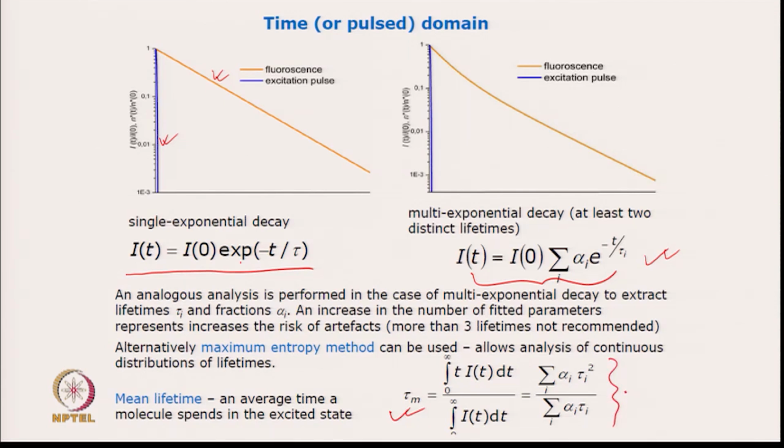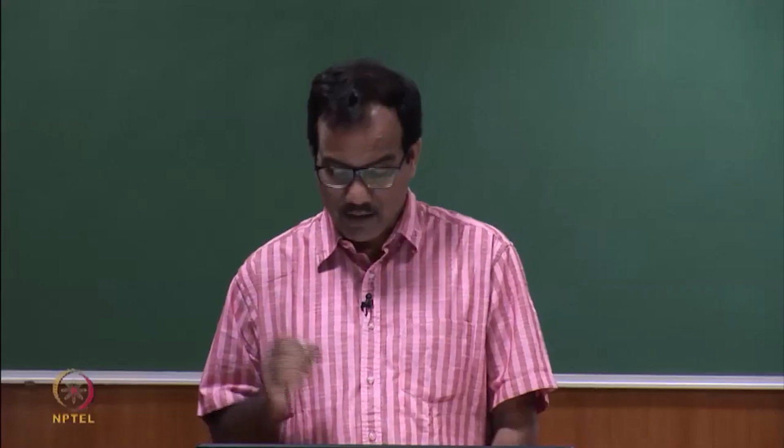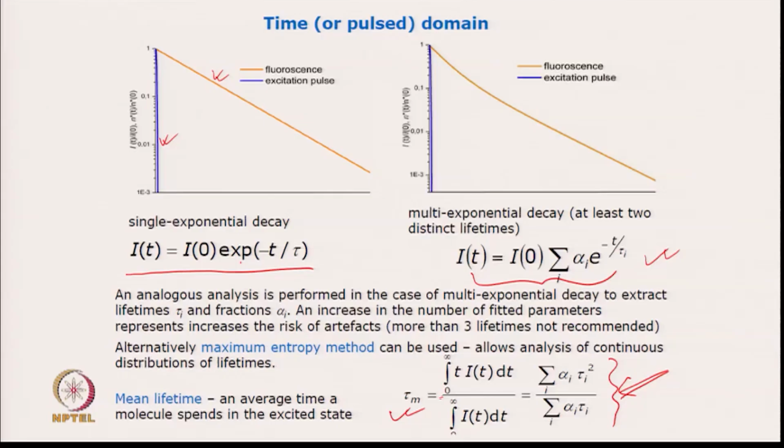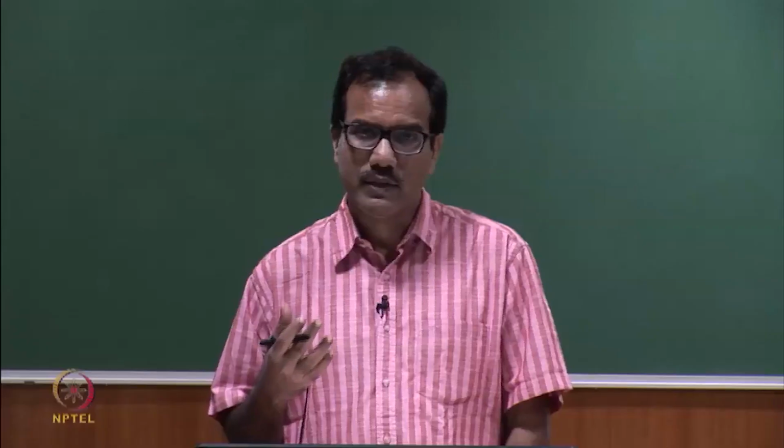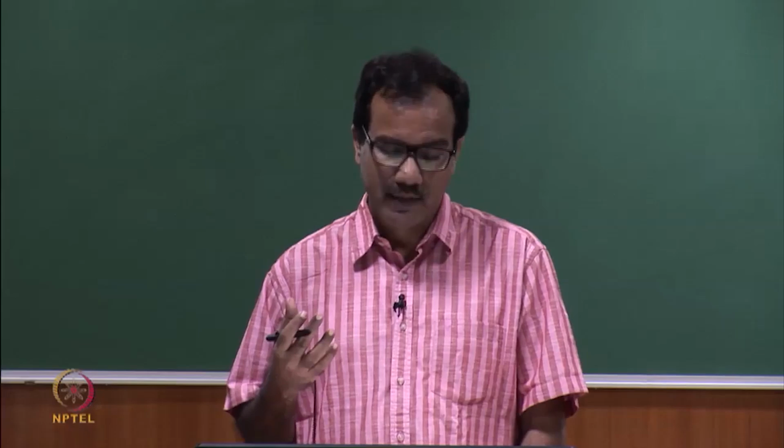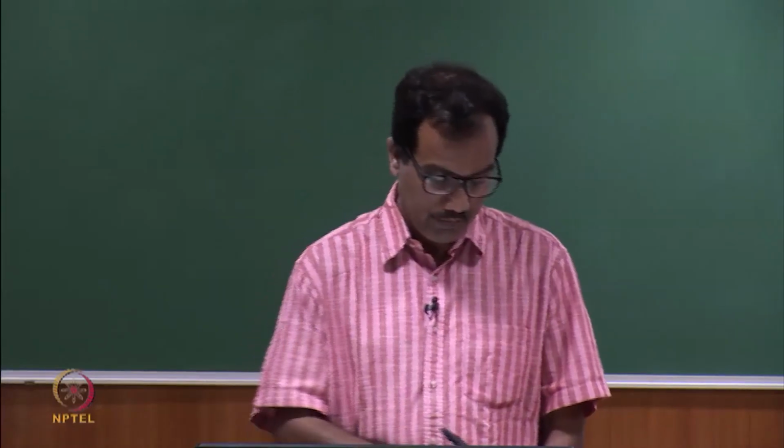If you remember what you studied in your BSc quantum courses, you will remember how to get the lifetime. It is simply the integral from 0 to infinity of t multiplied by I(t) dt, divided by the integral from 0 to infinity of I(t) dt. This is the way you calculate the lifetime of a fluorophore.